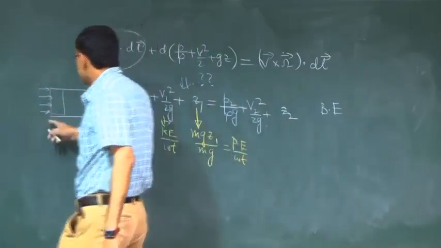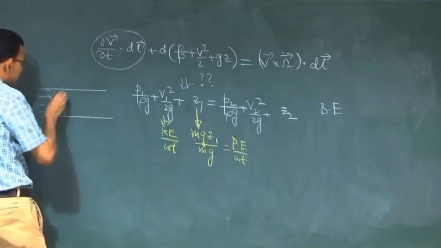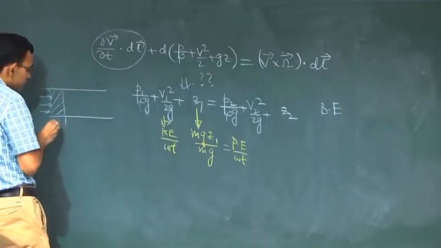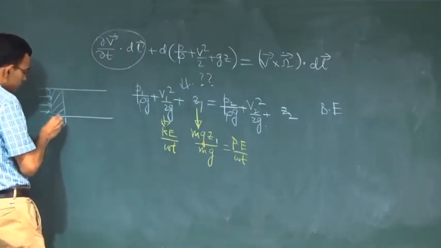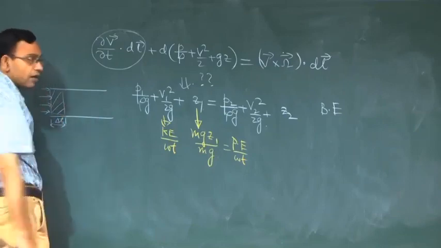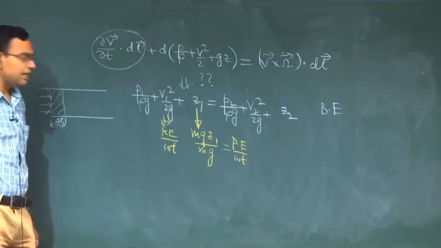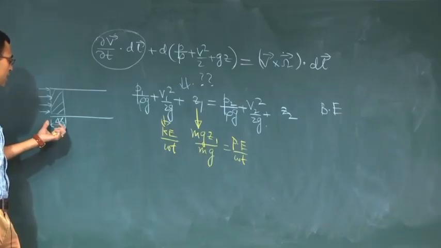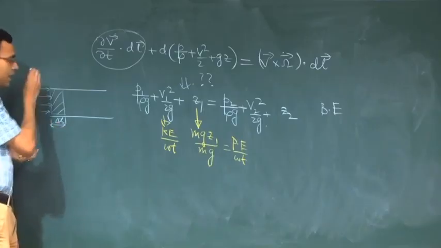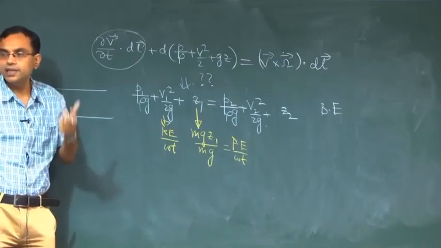So, here you have let us say a length delta x. Why I am calling it a small length is because over that the pressure may be assumed to be not changing.